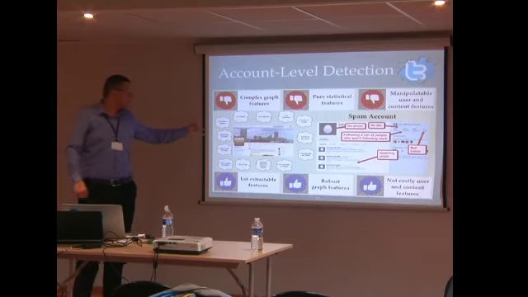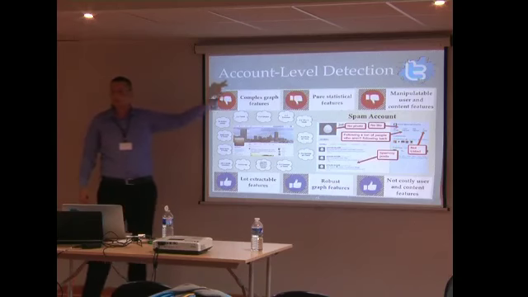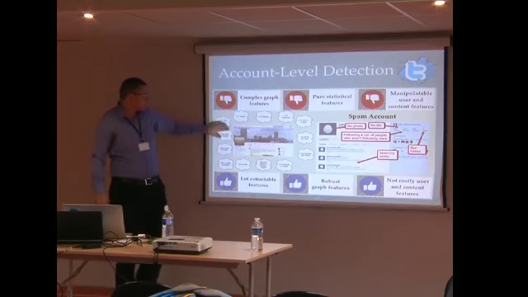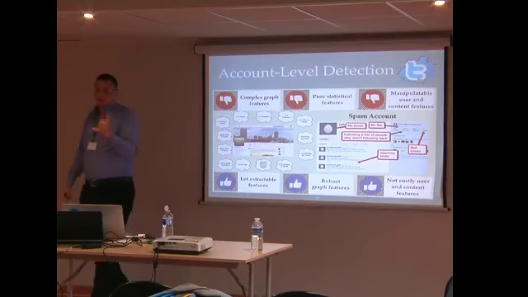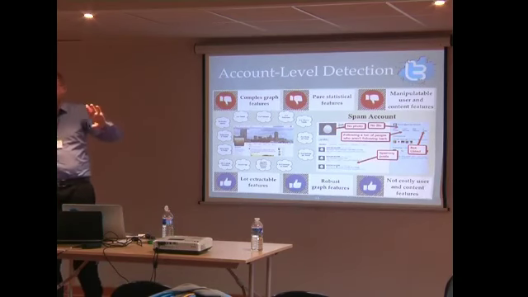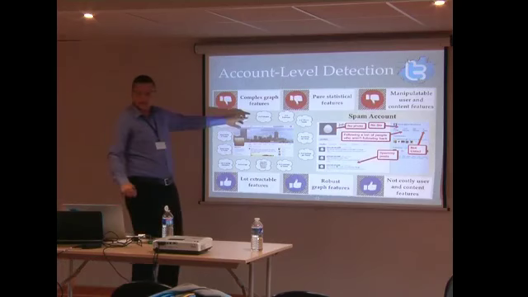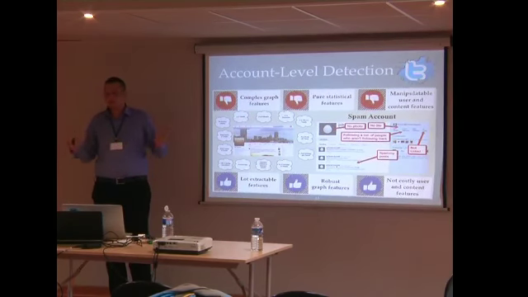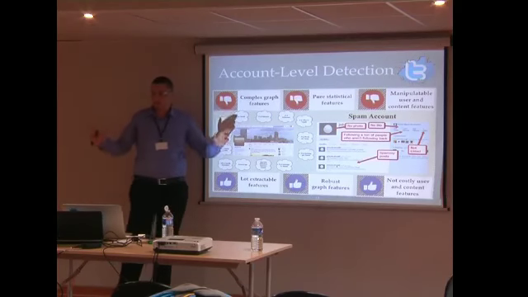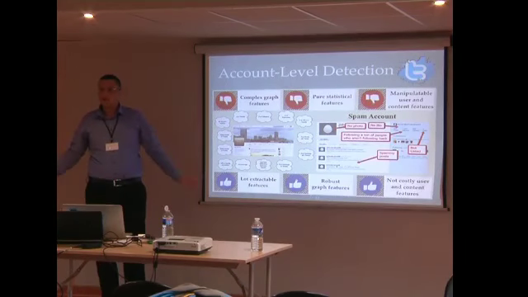And also, the currently used features are easy to manipulate by spammers. For instance, we have the number of followers used as a feature to identify whether this is a spammer or not. But spammers are intelligent and paid persons, because all spam things are business. So they can create a bot, thousands of accounts, and let all these accounts follow each other.